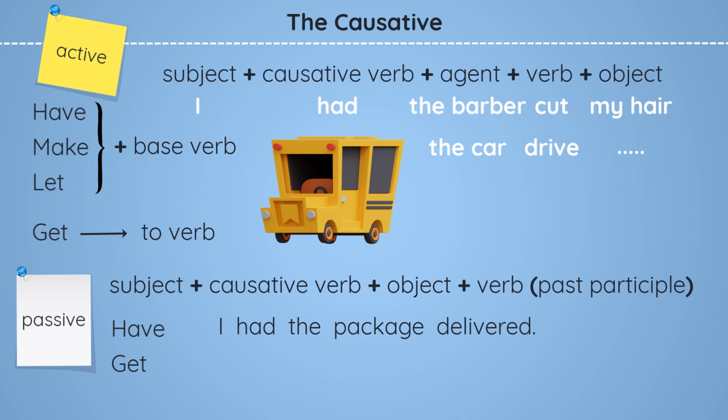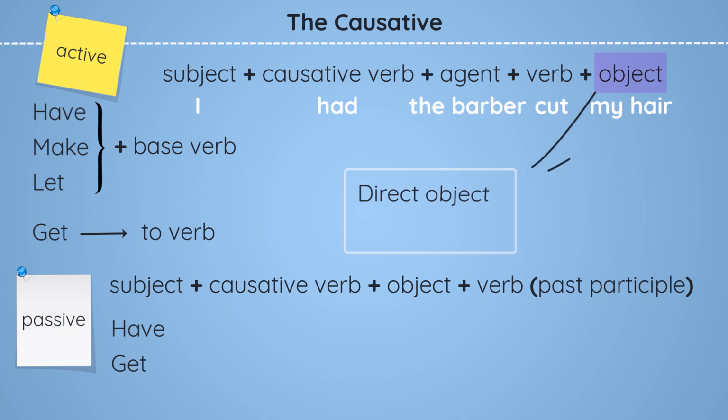I'll think of a different example for you after that, okay? But agent, person, thing. Object could be direct object. The person, it could be indirect object. So it's a thing or a person. What or who. So I had the barber cut my hair.